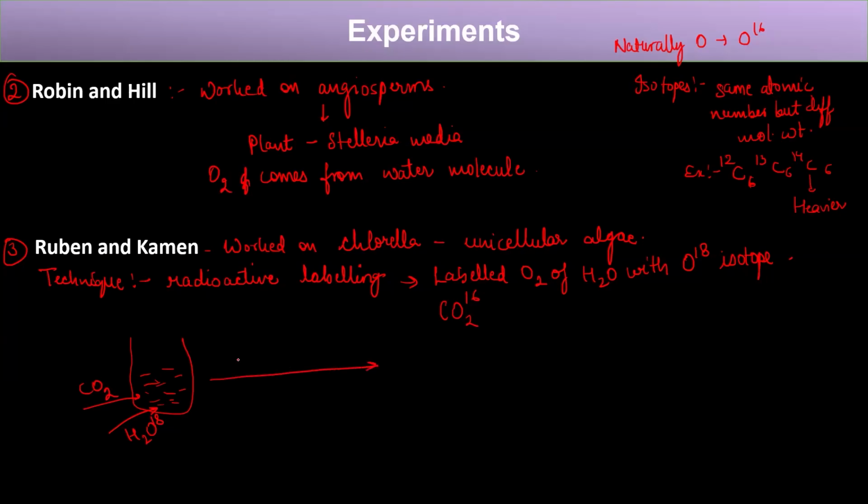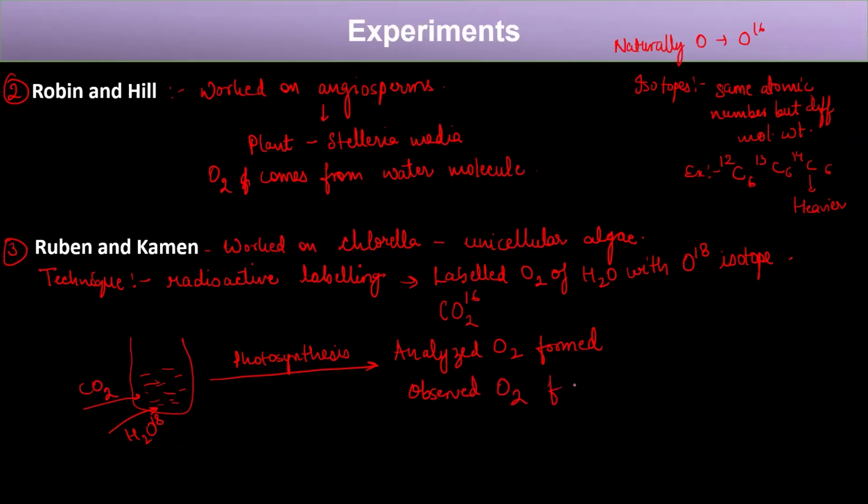And then in the presence of light, photosynthesis will happen, right? Then they analyzed the oxygen formed. If photosynthesis happens, the oxygen molecule will form, right? So they analyzed the oxygen formed, and they observed that the oxygen that was formed was O18.